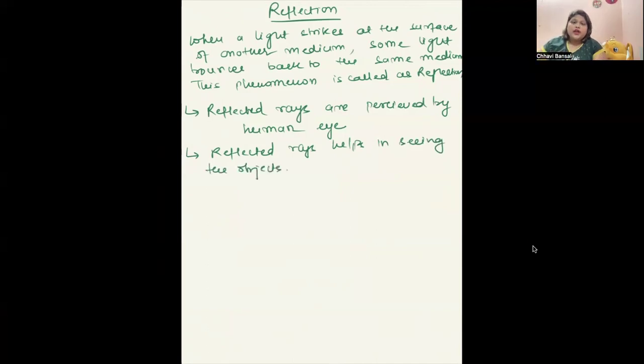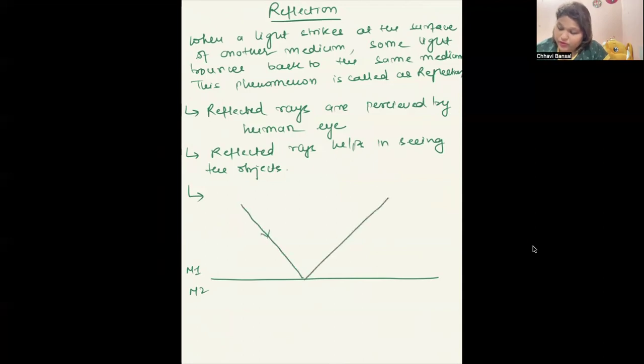Okay. Now, in case of reflection, if I draw the diagram, this is medium 1, this is medium 2. This is the ray which is coming. This is the ray after reflection.